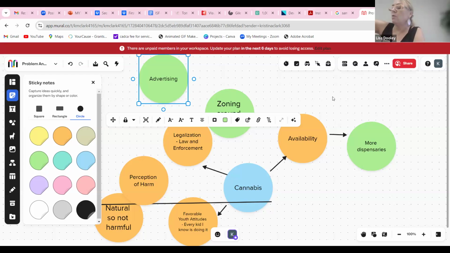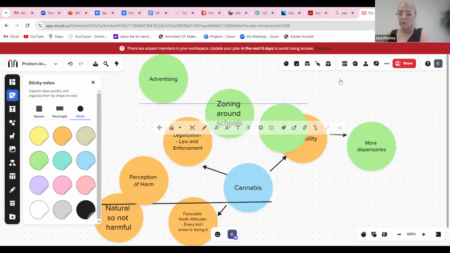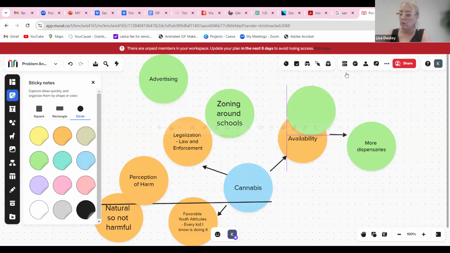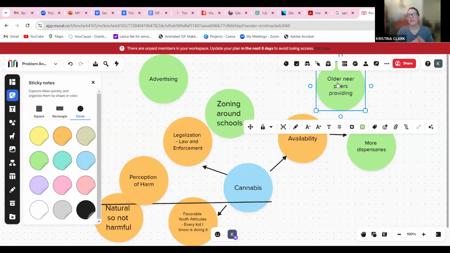Maybe they're getting it from older kids, or from the adults in their life, because now that it's legal, it becomes more normalized, like alcohol use has. Or they found a dispensary that doesn't adhere to the laws that they can't sell to that age. Lisa, thank you.